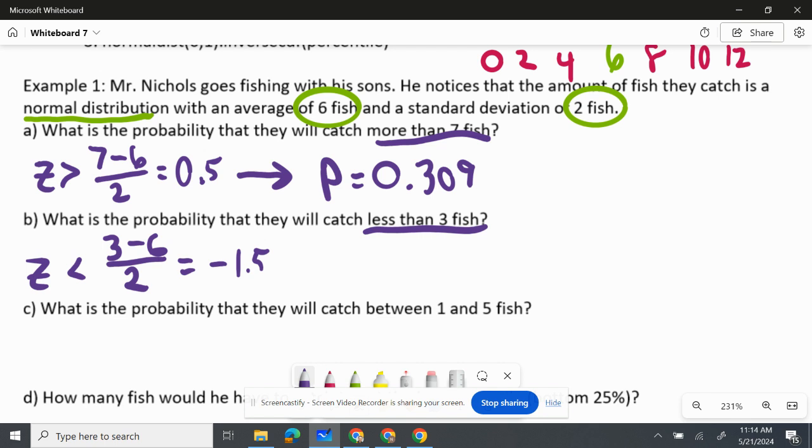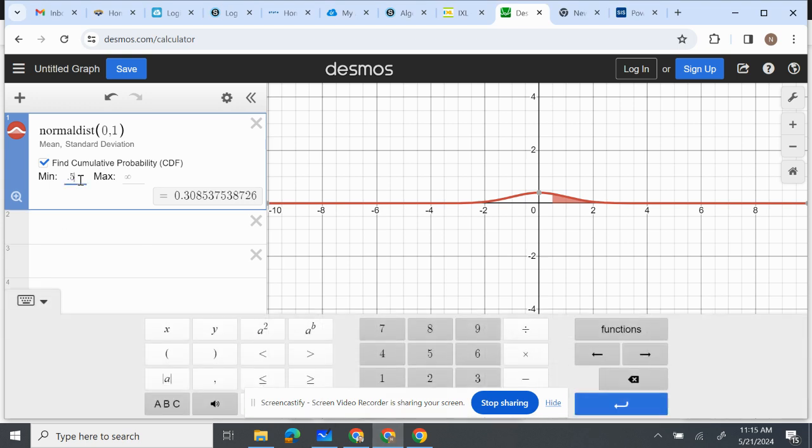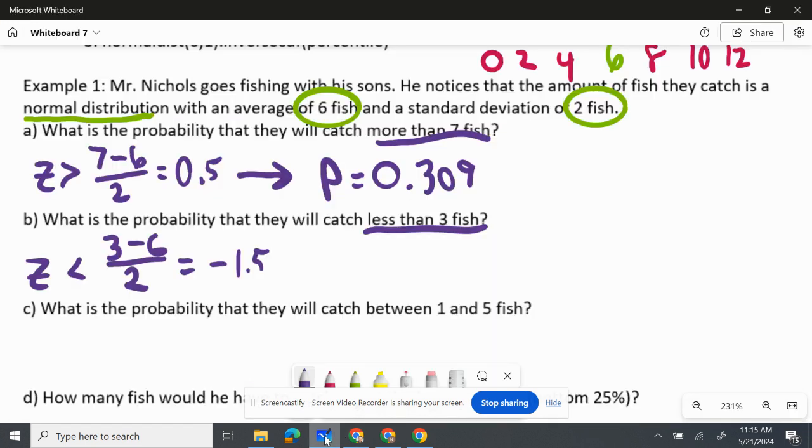So we're going to go back to Desmos, and this time what we have is negative 1.5. And when we look at that, we notice that we have a probability equal to 0.067.